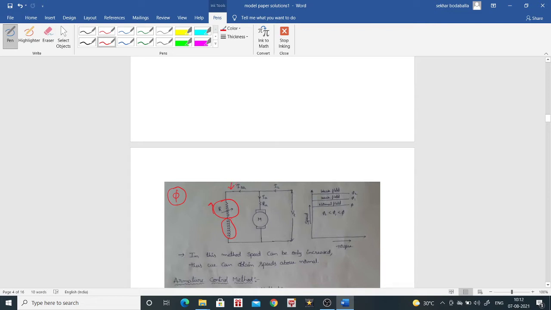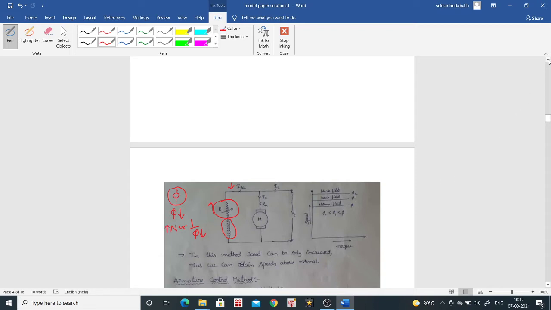As the field current decreases, the flux produced by the field winding will reduce, so the flux phi will reduce. As the flux decreases, the speed of the motor increases, as the speed is inversely related to the flux.